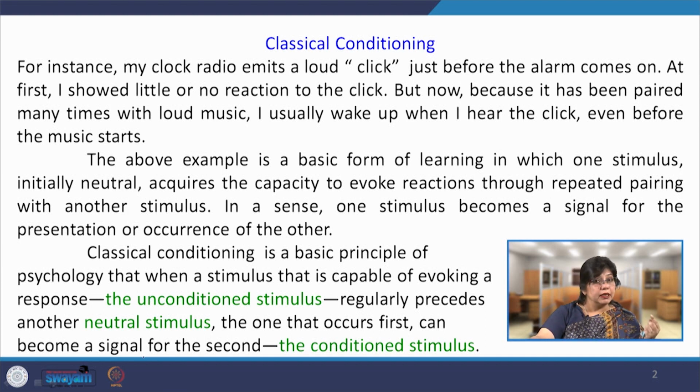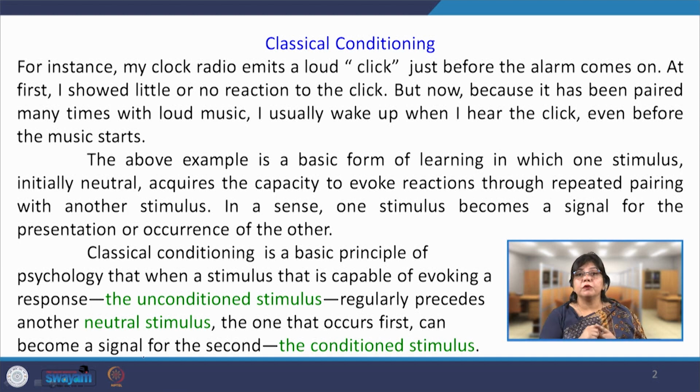That means, initially the person understands the click, the sound. With the gradual process of pairing, the person understands that with the click only I can get up from the bed. So, initially the person is not responding to the click, but to the alarm sound, but with repeated pairing the click also evokes the same reaction as the alarm music.